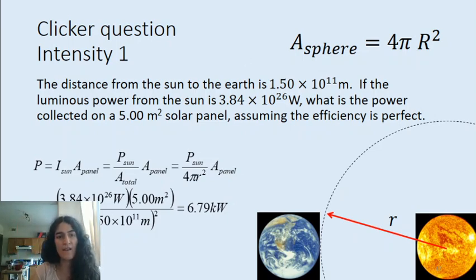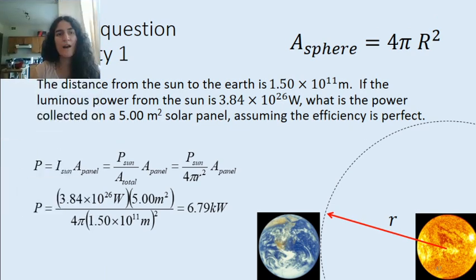That is this, where the sphere has a radius of the distance from the sun to the Earth. Right? Okay, so my answer is 6.79 kilowatts. Cool. Okay, let's continue.